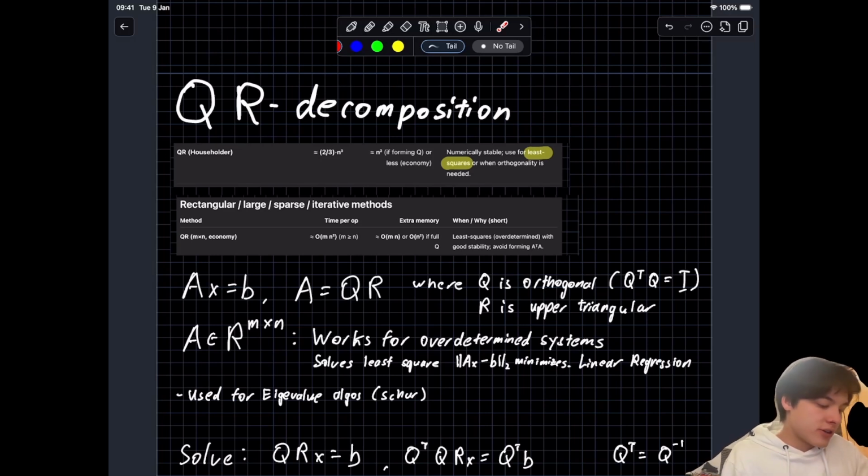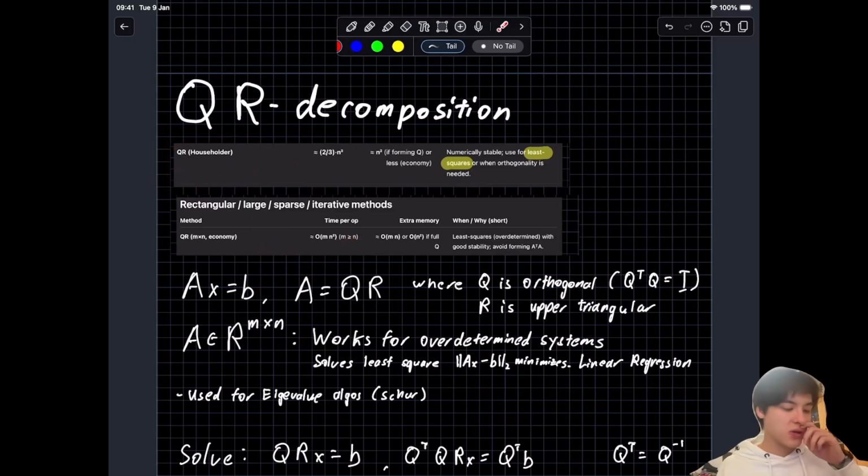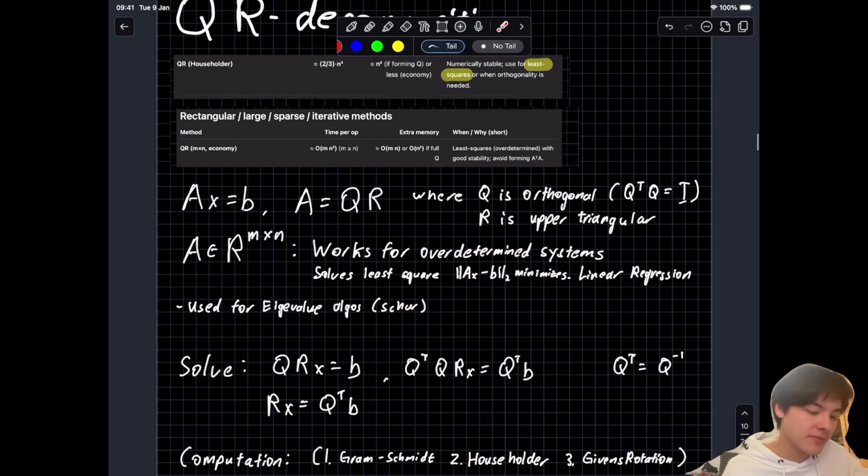This can be used for both square and rectangular matrices. It's numerically stable. It's used for least squares, and where orthogonality is needed. So what does this mean?